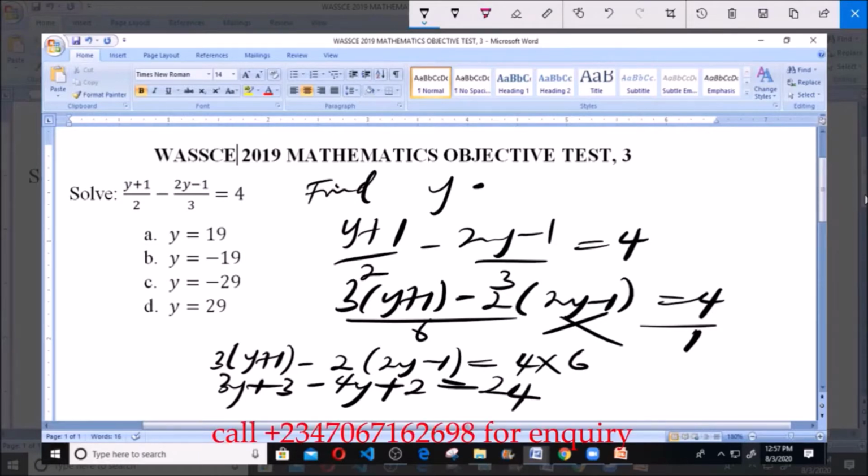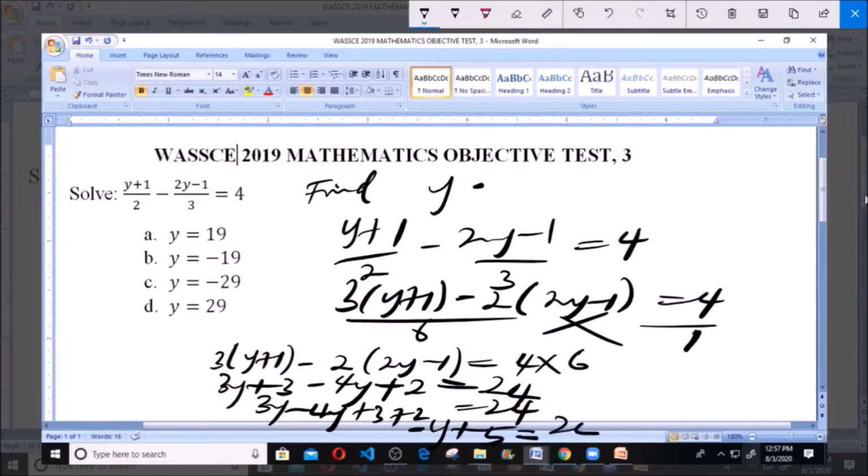Now 3y minus 4y plus 3 plus 2 gives you 24. 3y minus 4y gives you what? Minus y. Now plus 3 plus 2 gives you plus 5, equals 24.